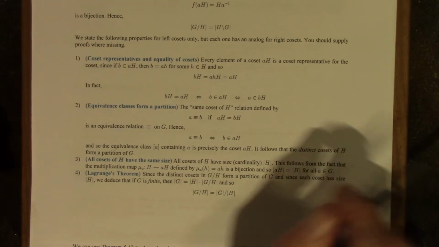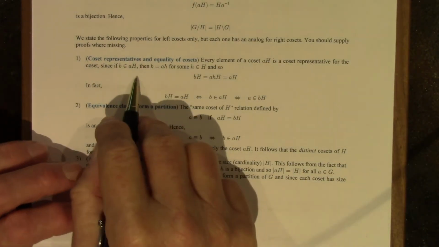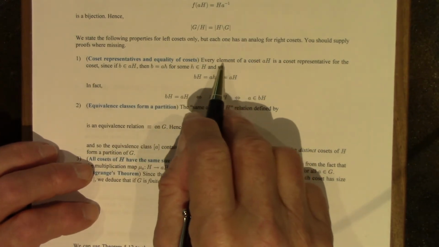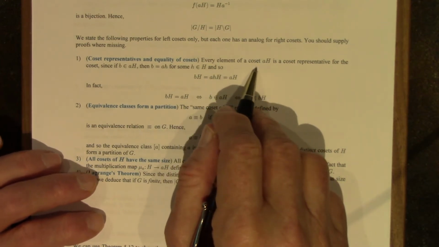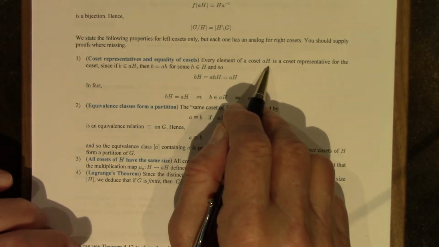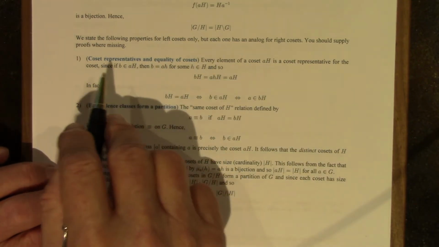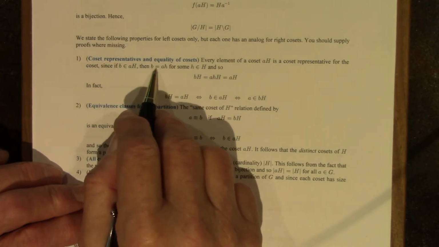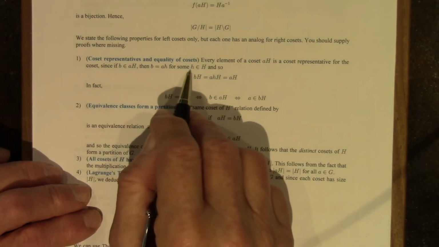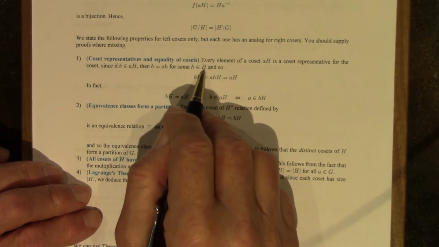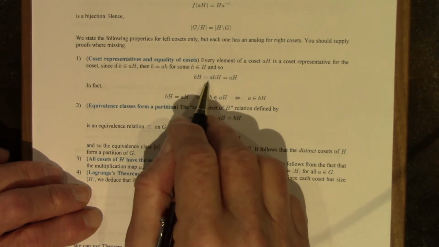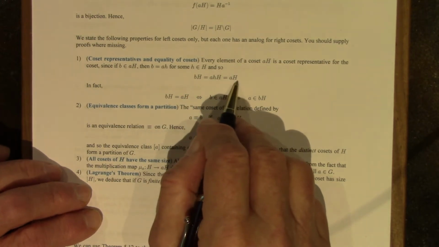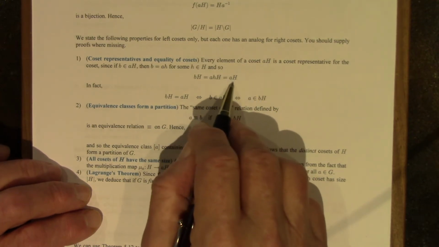First, as to equality of cosets. Every element of a coset aH is a coset representative for that coset. Because if b is an element of aH, then b has the form a h for some little h in the subgroup capital H, and so bH is a h H, but little h times H is just H. And so we get aH.